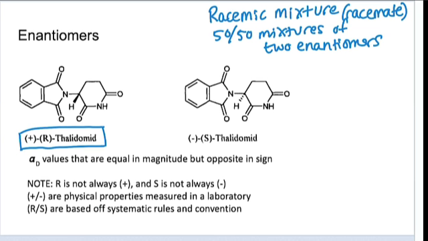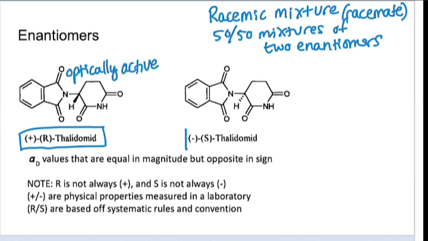So the R form, it's optically active. It bends plane polarized light in the positive direction. So if we took a sample that contained only the R form, we would see optical activity. We would have an alpha sub d value.